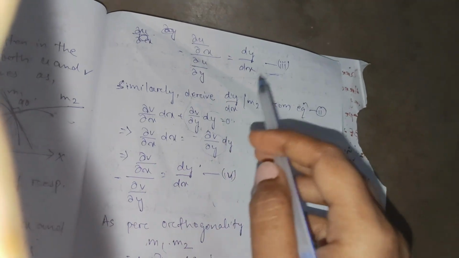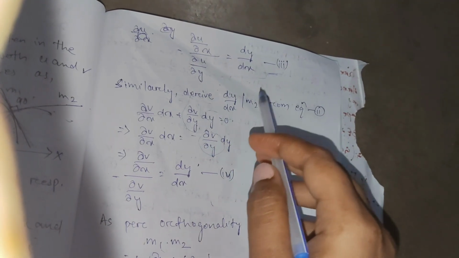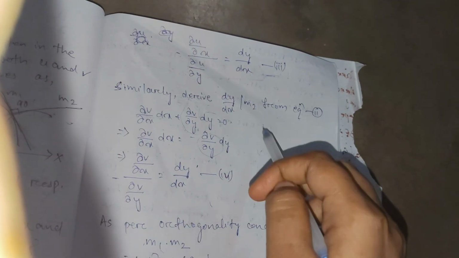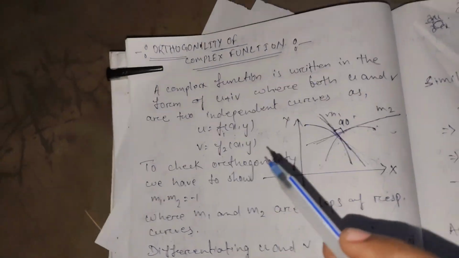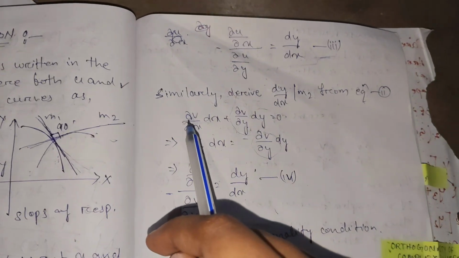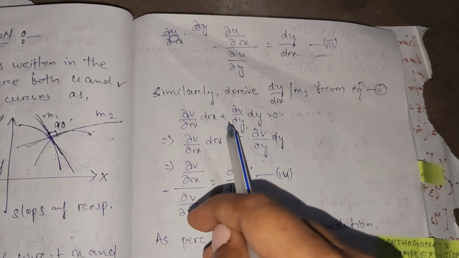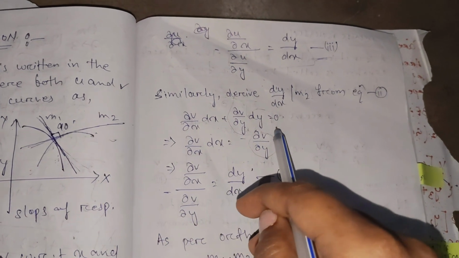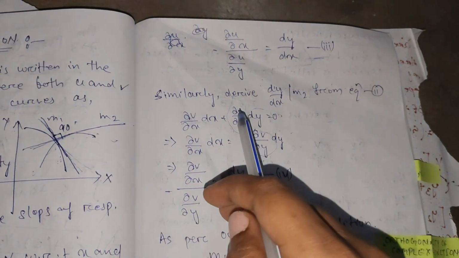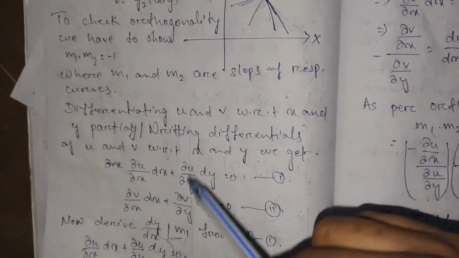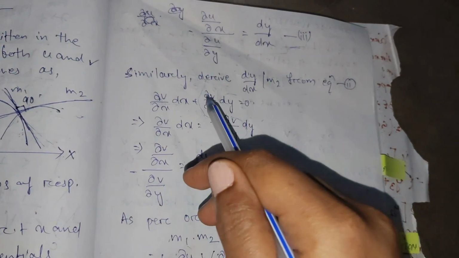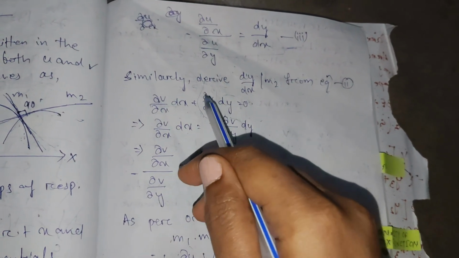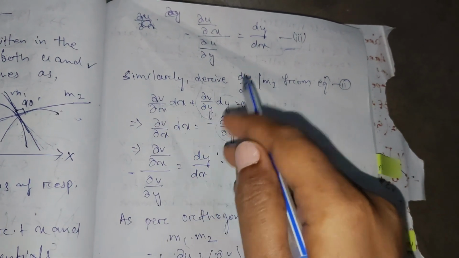Similarly, derive dy by dx, that is the slope m2, for the curve v. From equation 2, the differential equation of curve v, we have del v by del x dx plus del v by del y dy is equal to 0. I have written this equation already here. Now, from this equation, let's move the term del v by del y dy to the RHS.